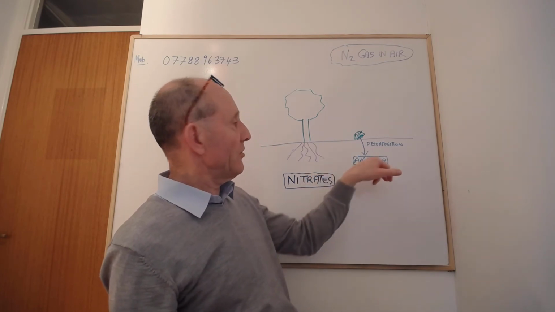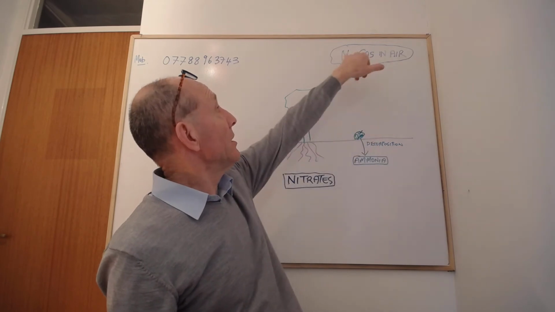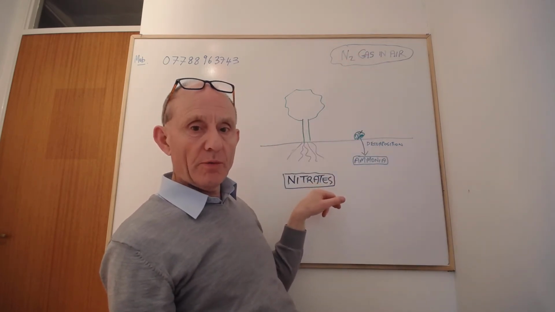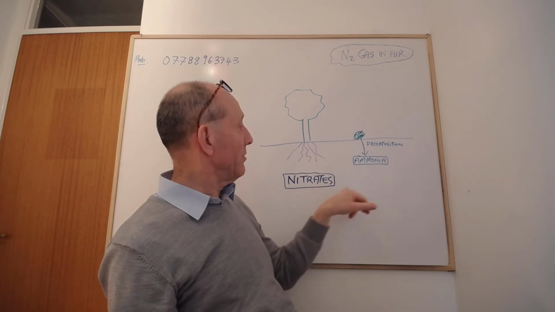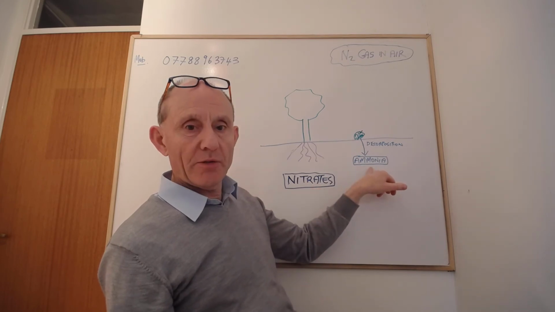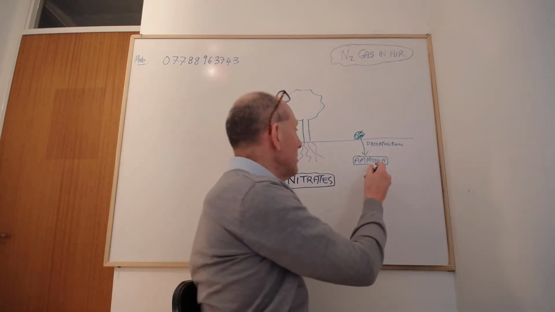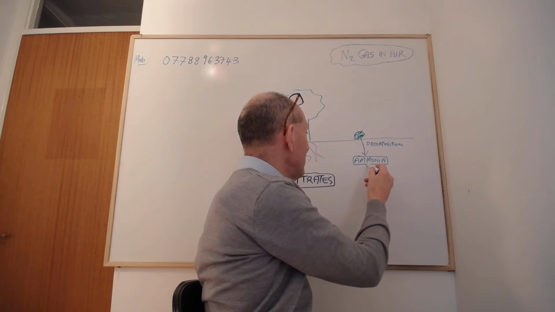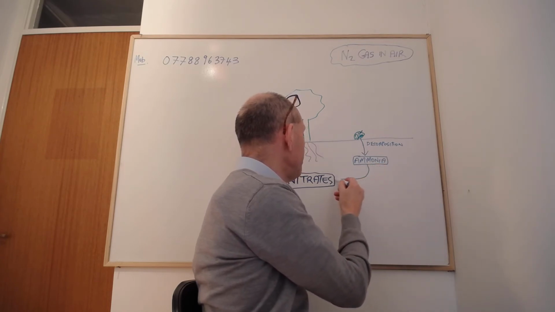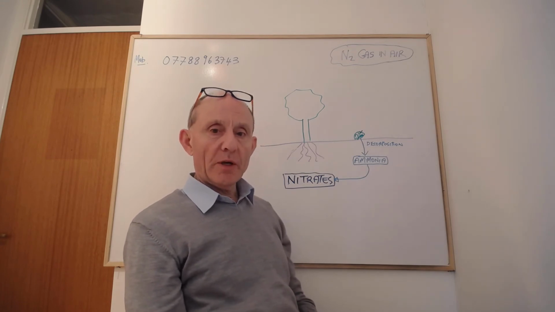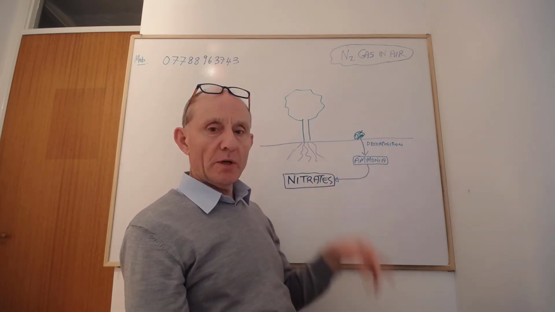Now notice these compounds all contain nitrogen. Nitrates is NO3 minus, you could write nitrate ions. Ammonia is NH3, so it contains nitrogen. So the product of decomposition is ammonia. Now, the next thing you need to know is that in the soil there are bacteria that can convert the ammonia into nitrates.